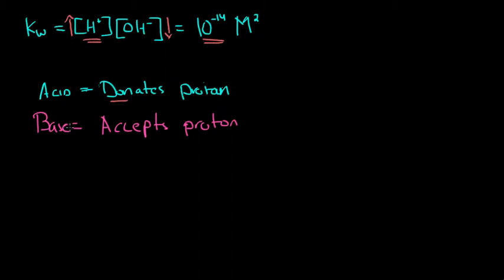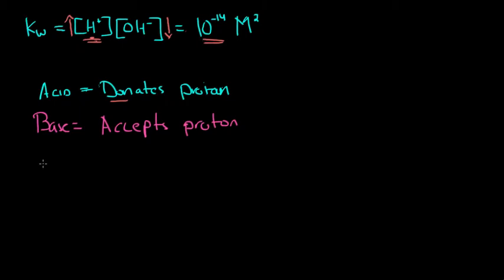And the same thing for a base. If I'm accepting a proton, what I'm basically doing is reducing this value, I'm making it less. If I'm making this less, I have to increase the OH minus concentration, because the Kw is always constant.